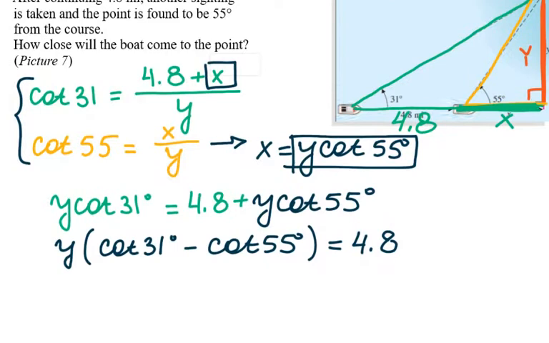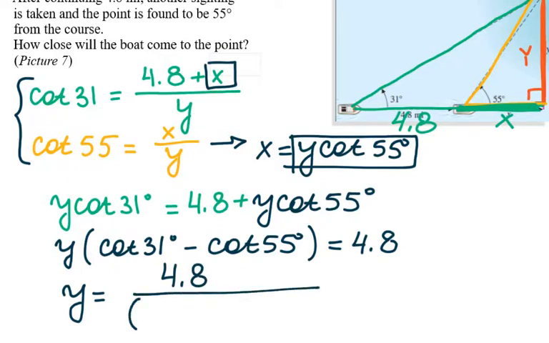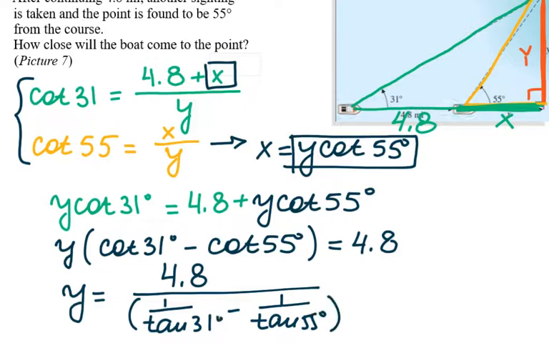And then if I divide both sides by the parenthesis, I have y is equal to 4.8 divided by cotangent 31 minus cotangent 55, but I know I don't have this in my calculator, so I'm going to do 1 over tangent 31 minus 1 over tangent 55 degrees, because that's how I have to plug it into my calculator.